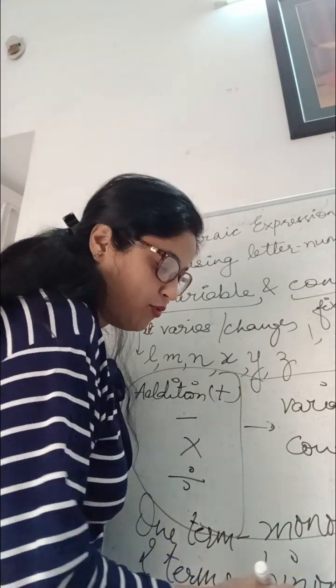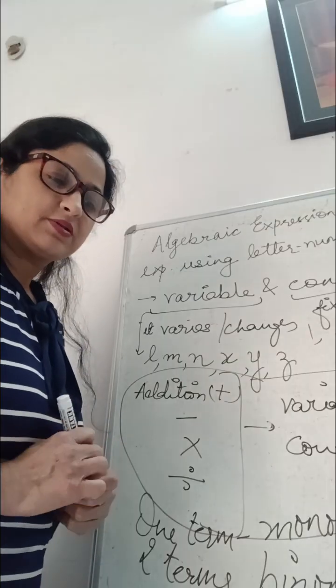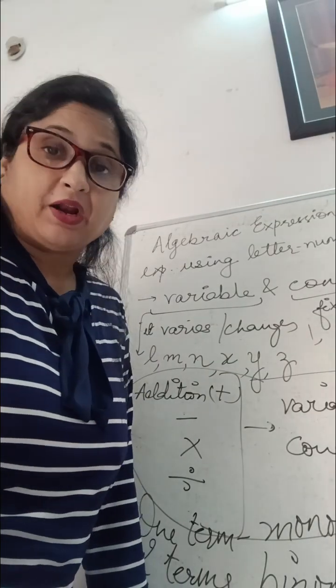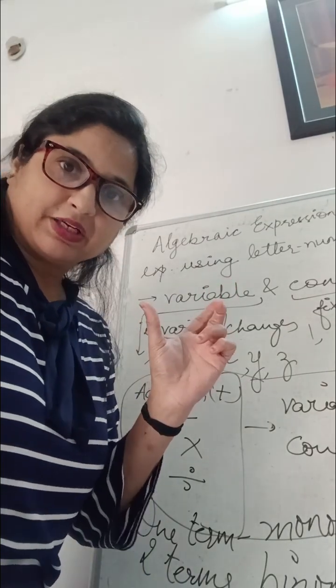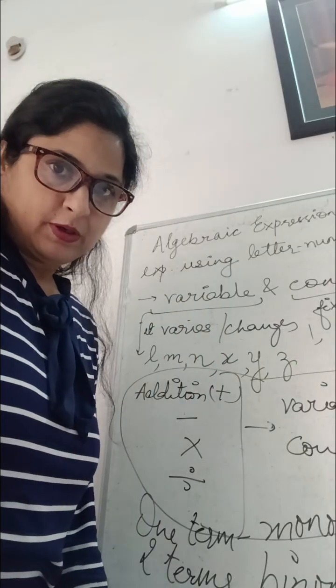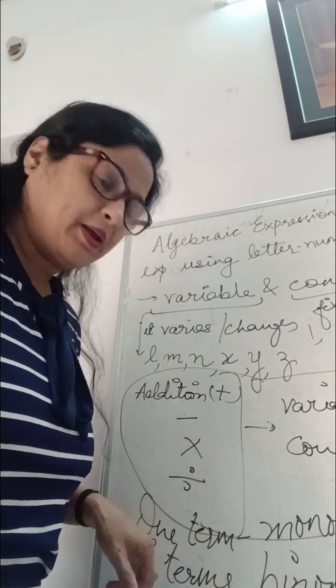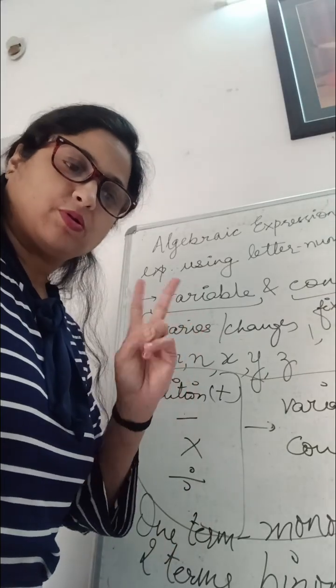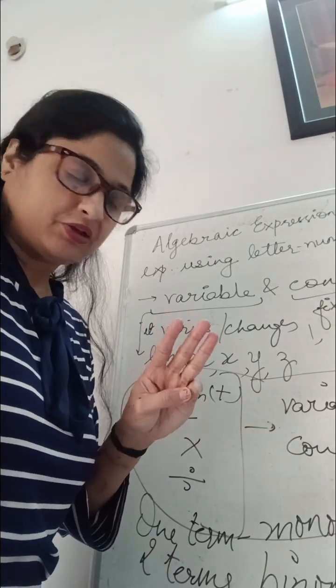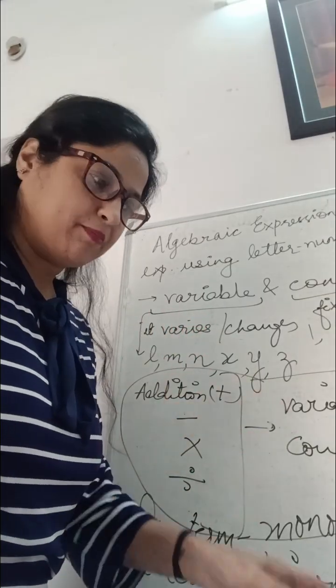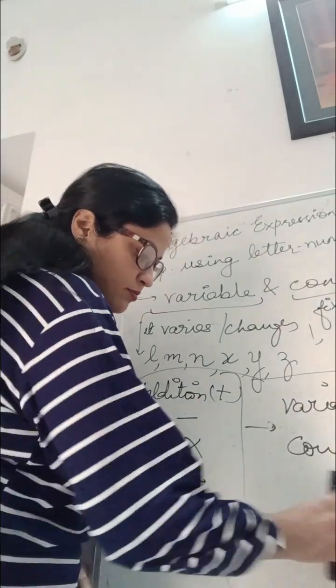And if there are more than three terms in a particular expression, then it is called a polynomial. So one term is a monomial, two terms is a binomial, similarly three is a trinomial, and greater than three will be a polynomial.